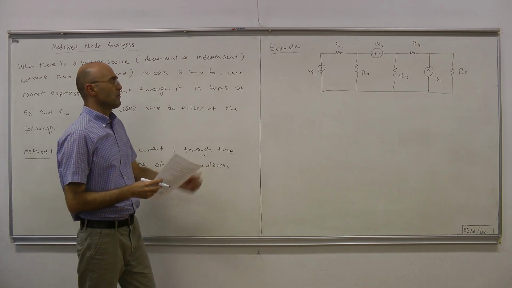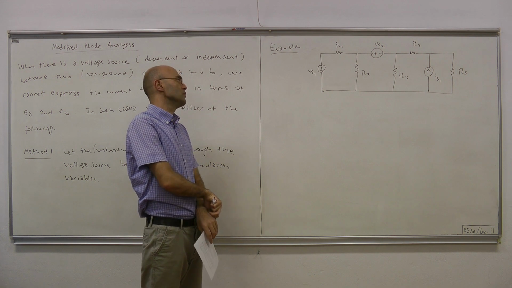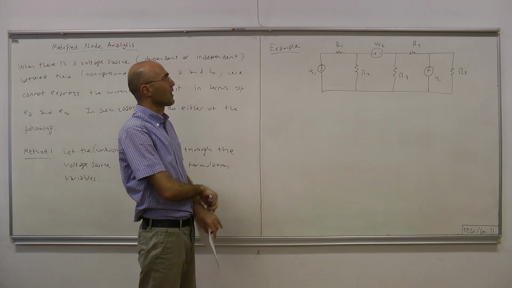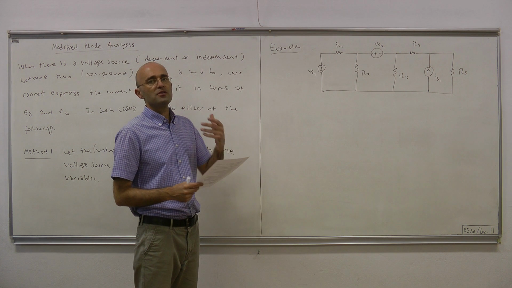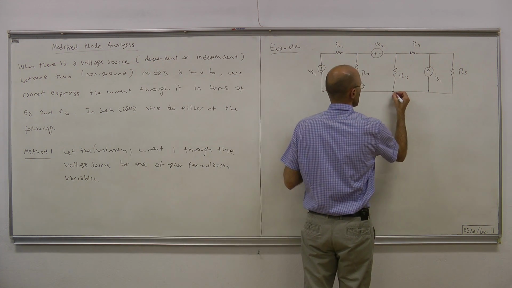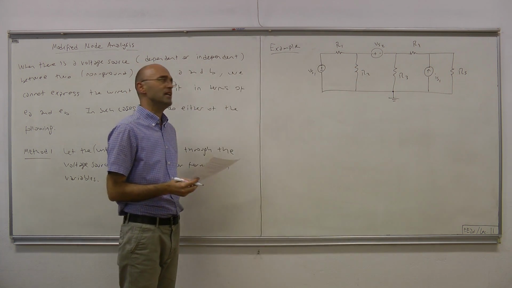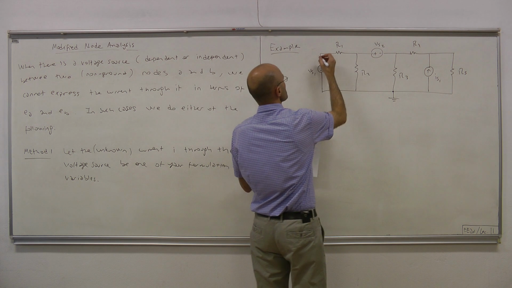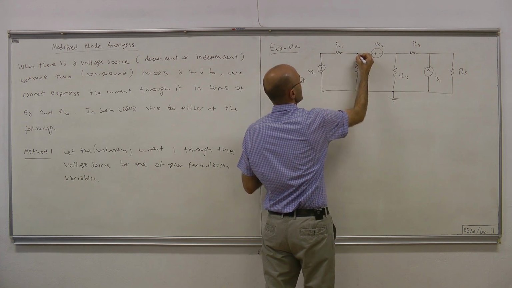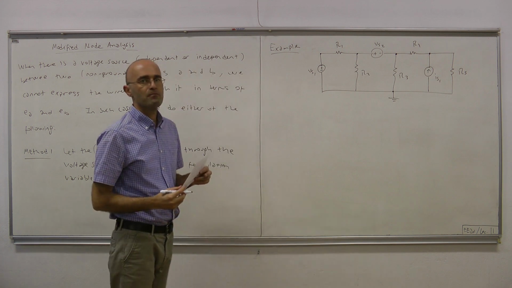So this is, suppose, the circuit that we want to formulate in terms of node voltages. So what we do, as we said before, the first step is always labeling properly. Choose a ground node. So that is our ground node, and then label the remaining nodes. So the remaining nodes are here 1, 2, 3, and 4.